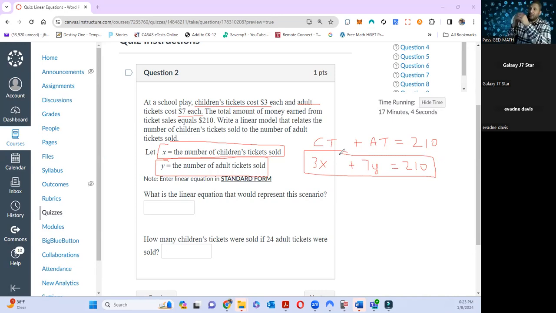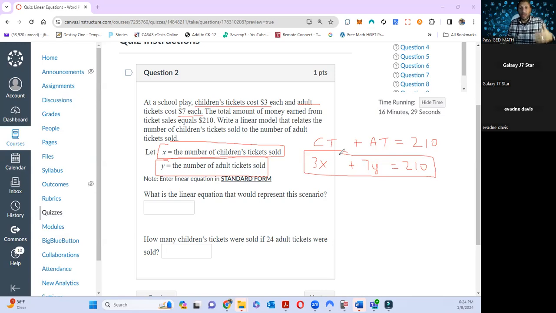What happens is we get so inundated by word problems, we get so scared. But you have to go with common sense. Common sense tells me the money I made from children's tickets plus the money I made from selling adult tickets is going to give me $210, because they told us children's tickets cost 3, adults cost 7, and we made a total of $210. How can I find out how much I made from children's tickets?